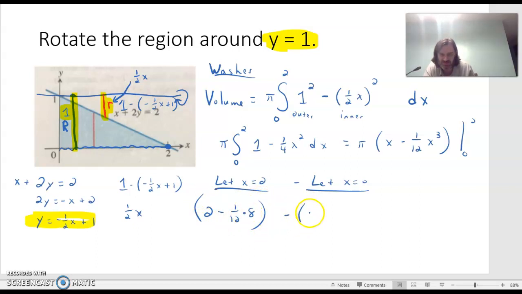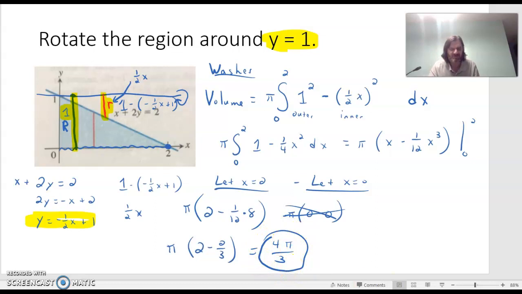And then 0 will give me pi, forgot the pi, times 0 minus 0. So this whole last part just goes away. But what have we got here? We've got 2 minus 2/3, and that's times pi. So that's 4/3 pi. Seems like we saw that number somewhere before, but that's probably coincidental.